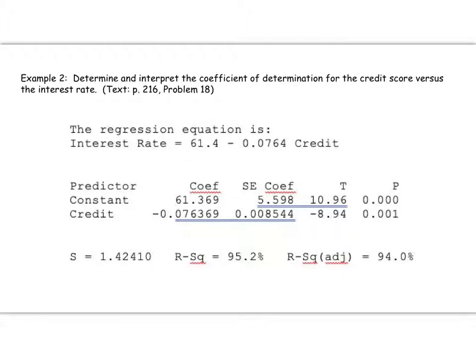All right, let's try another one. Here is the interest rate problem. Here is our regression equation. Our R squared value is 95.2. So we would say that 95.2% of the variance in interest rate is explained by the least squares regression line.